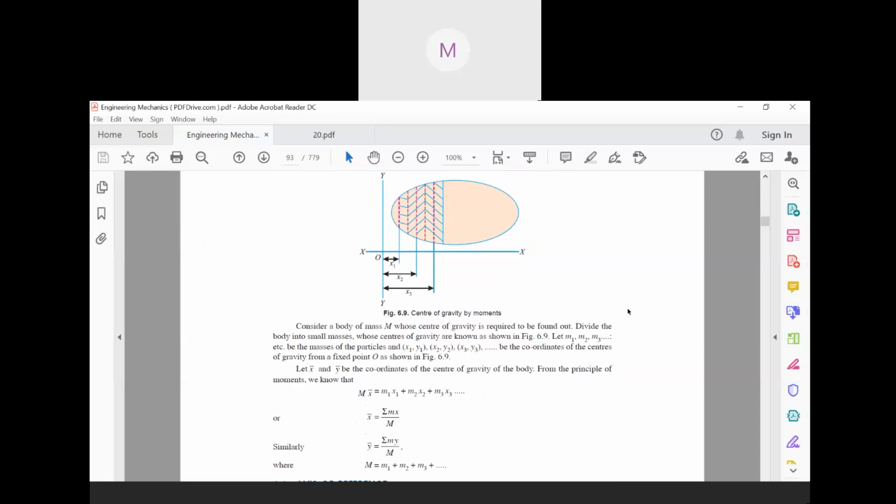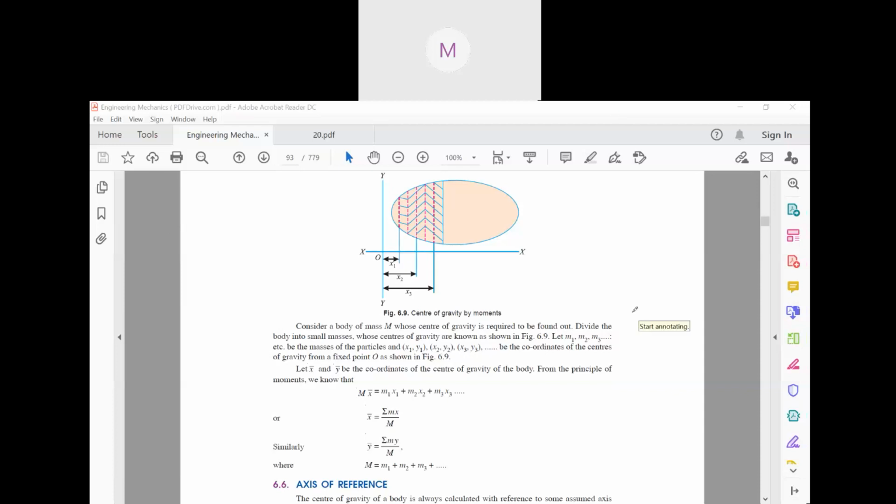So how will you find out the coordinates of the center of gravity? The most important thing here is to find out the coordinates of center of gravity. Now look, if you consider this as the whole body of mass, this is capital M, so the whole body of mass capital M, then the small parts are m1, m2, m3.